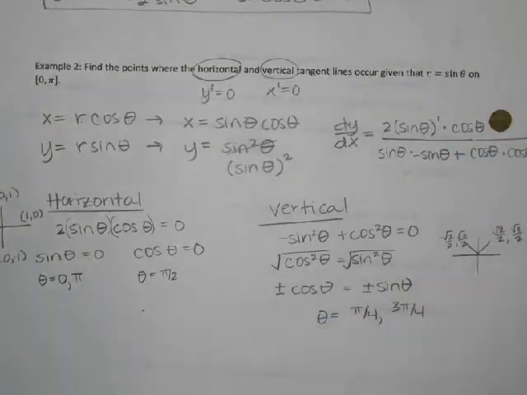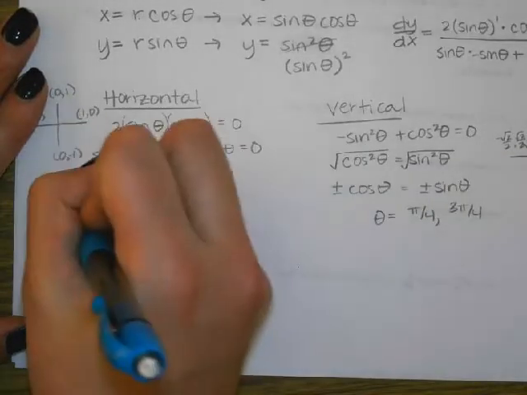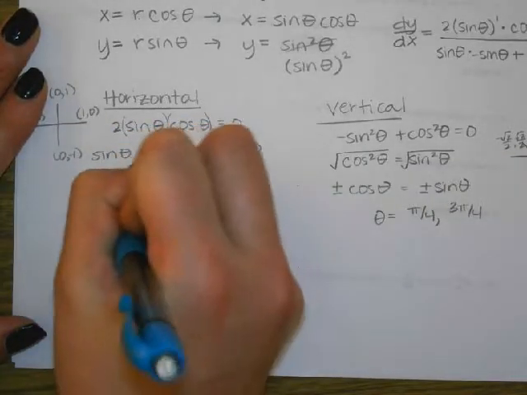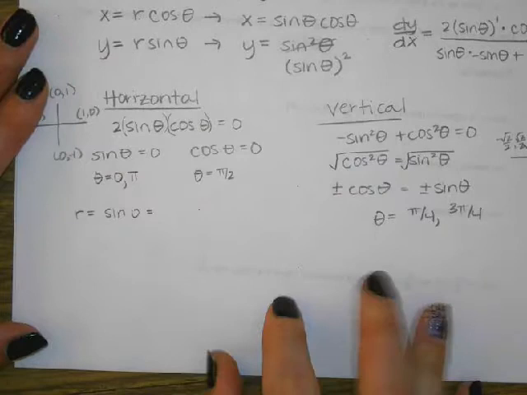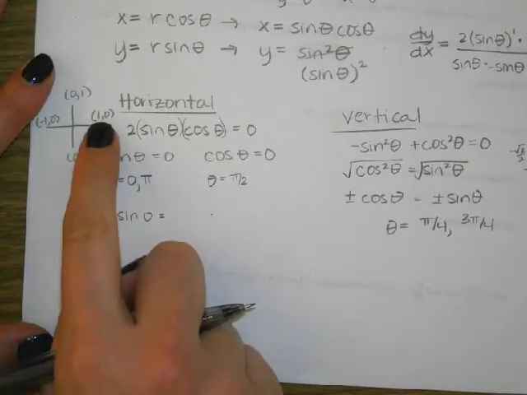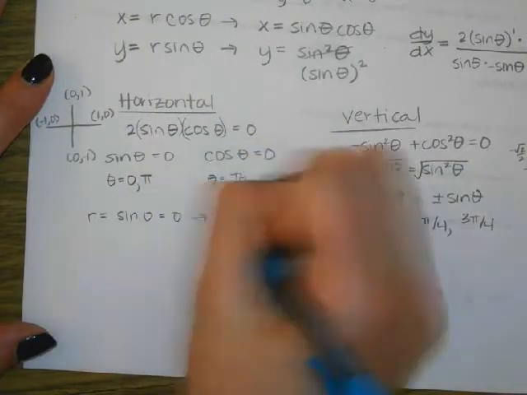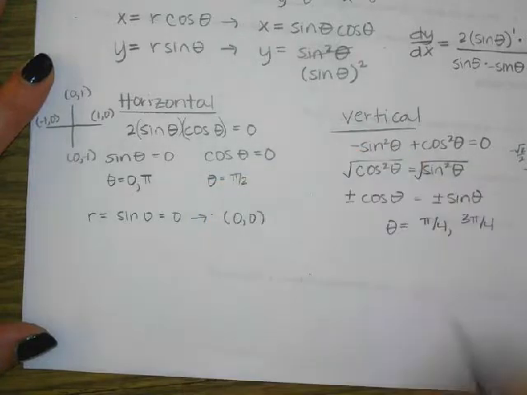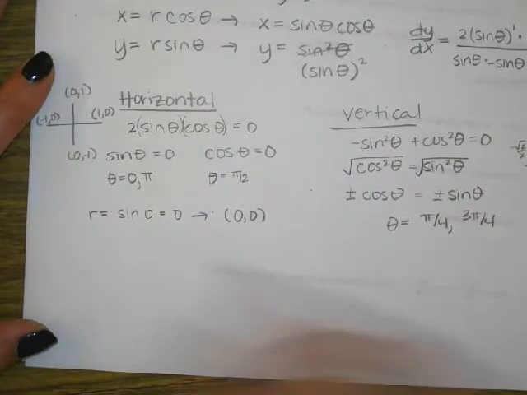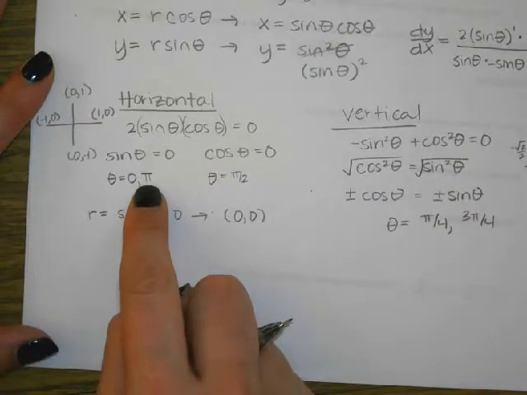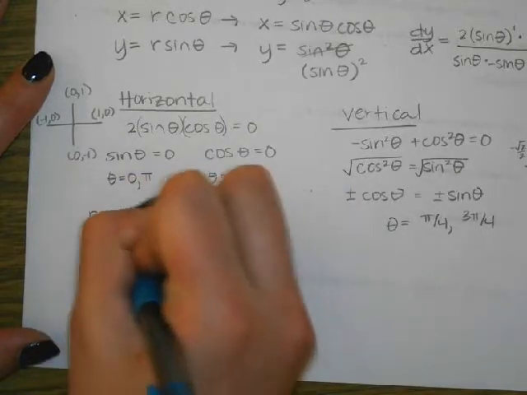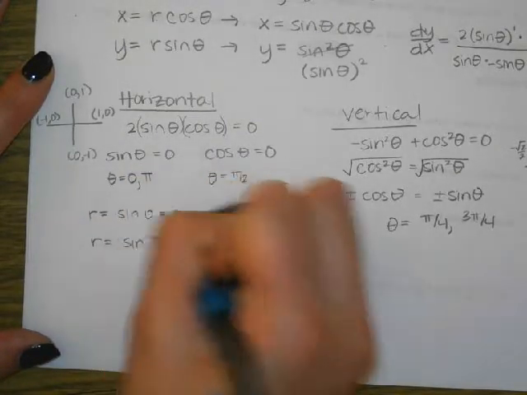Okay. So to find our first point, we're going to say r equals sine of 0. What is sine of 0? 0. So that gives you the point 0, 0. Our next point, we're going to plug in pi. So r equals sine of pi.